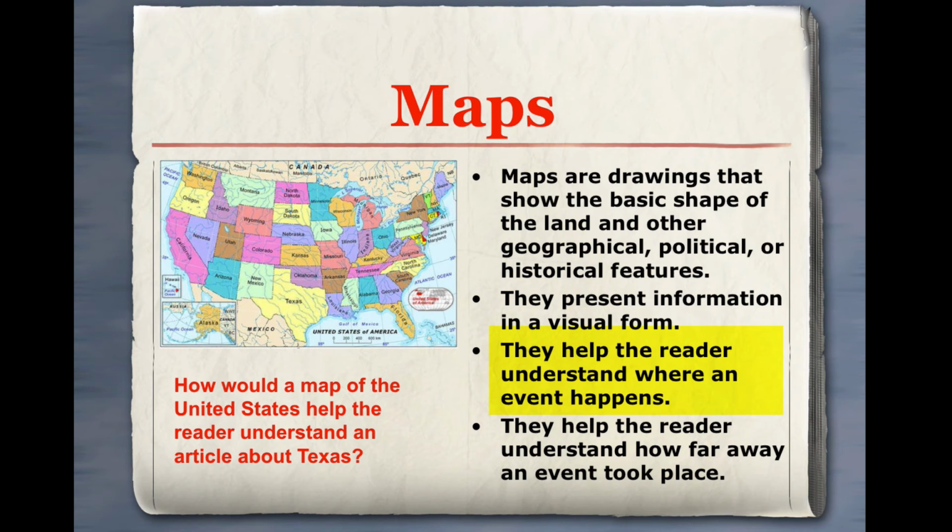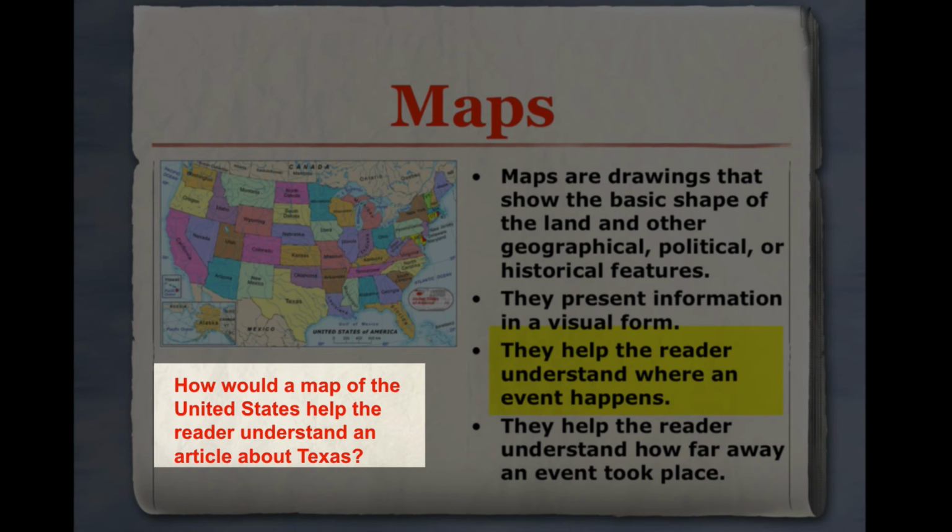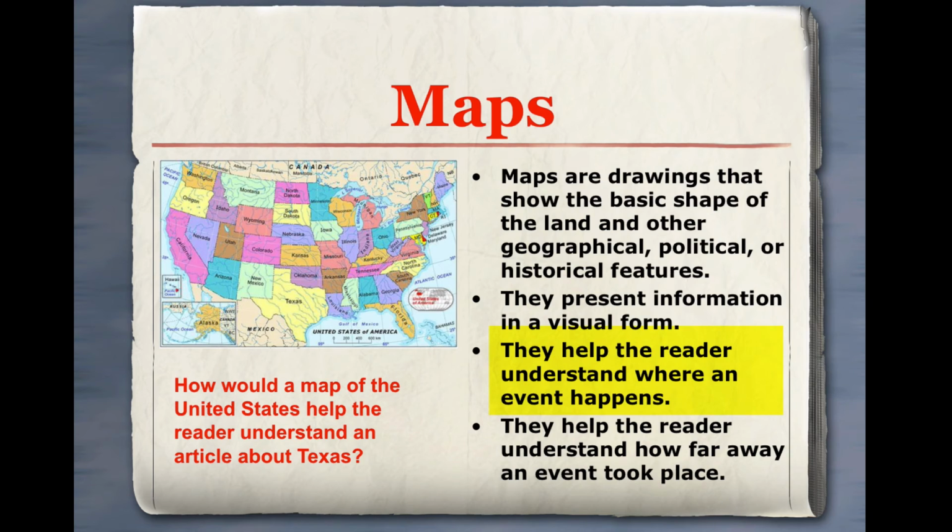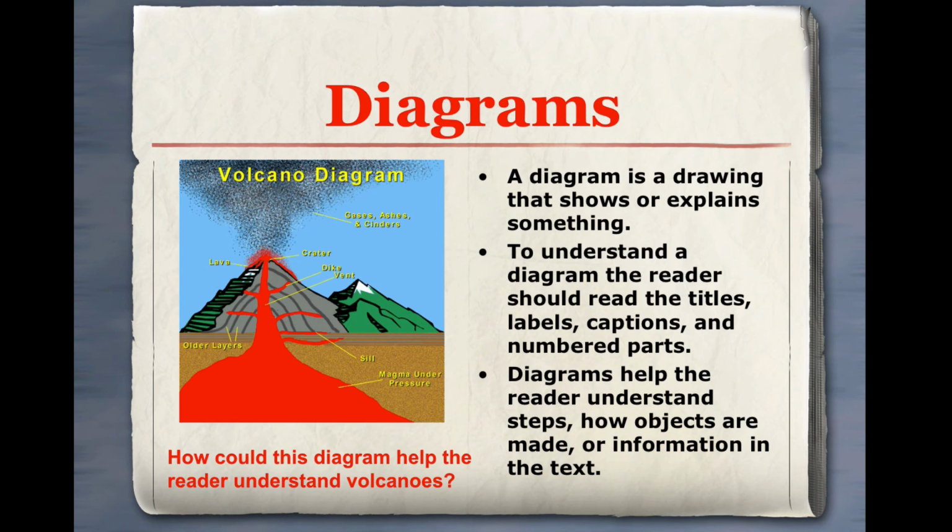So if they're talking about, let's say Texas, and you see this map of the United States, you can say, that's where Texas is located, right? So it helps you find places. It gives you added information about how far away an event took place.